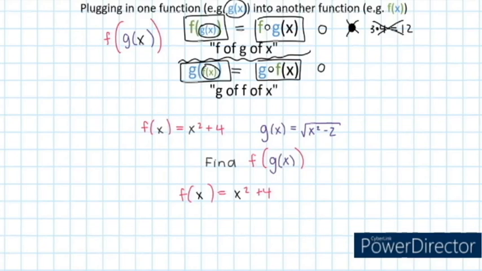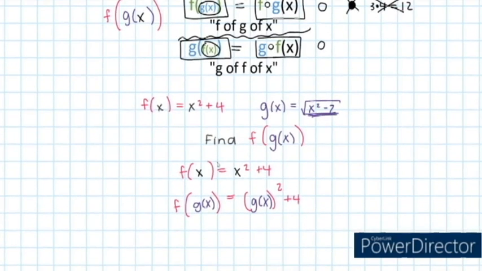Now, where there was an x before, we're going to plug in g of x. Okay, so before we had f of x, now we're going to have f of g of x. And before we had x squared, so let's make that g of x squared plus 4. Okay, but now let's substitute in the whole expression for g of x.